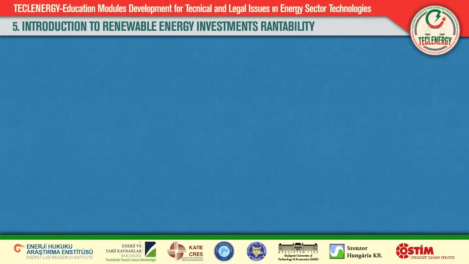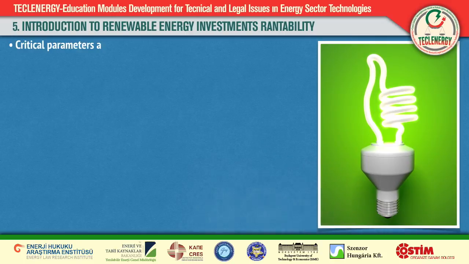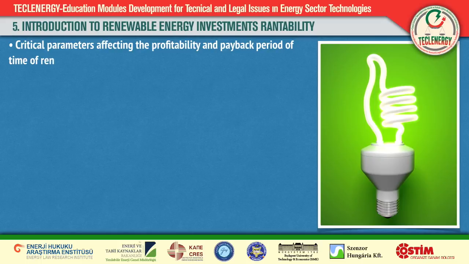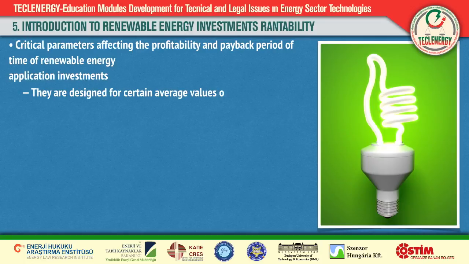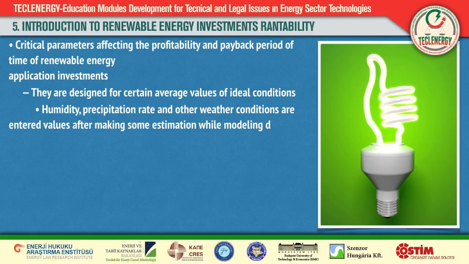Introduction to the profitability of renewable energy investments. Critical parameters affecting the profitability and payback period of renewable energy application investments. They are designed for certain average values of ideal conditions. Humidity, precipitation rate, and other weather conditions are entered values after making some estimations while modeling designs.